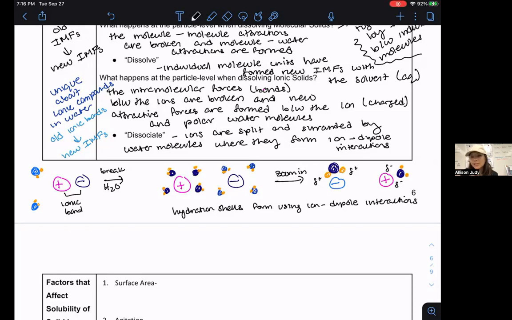By the way, this explains why swimming in a pool is so dangerous. Chlorine ions are floating free in water, completely dissociated, broken up into their individual ions, now being surrounded by a hydration shell of water that has oriented itself through ion dipole, opposites attract. And now what you have is a bunch of charged ions just loose in water.